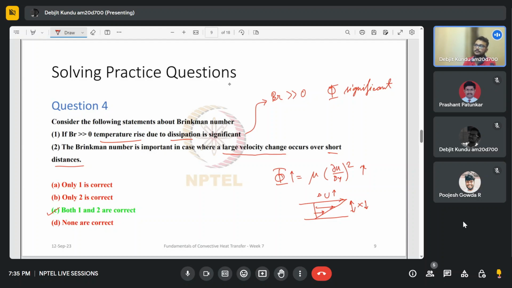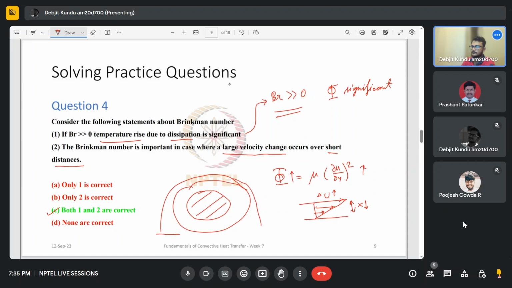and that's where Brinkman number becomes important. So one of the examples where this kind of a situation might occur is in a lubrication system. So let's say there's a journal bearing like this. This is fixed and this thing is rotating. It's a shaft within a journal, and there is a liquid lubricant in between the shaft and the bearing.